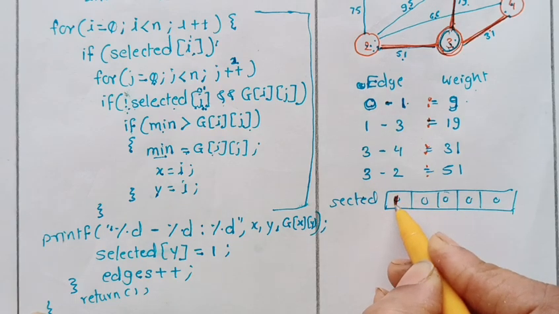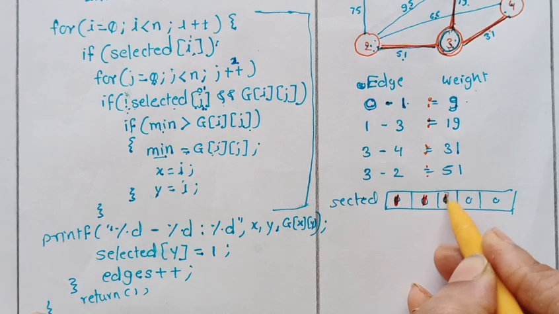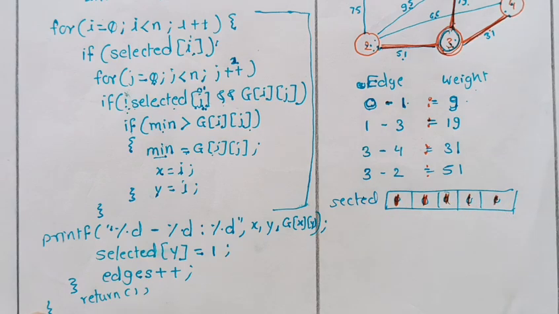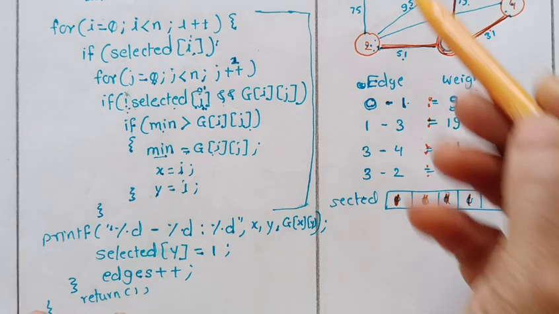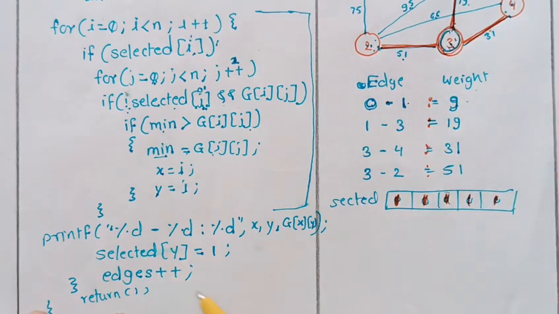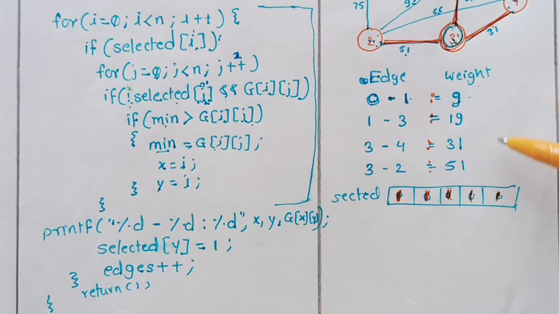Whenever you select a node, it becomes 1, and all will become 1. Edges should first be 0. When you select node 0, the edge count increments by 1. 0 to 1 is 1 edge, this one 2 edges, this one 3, and this 4 edges. If there are 5 nodes, then we select only 4 edges here. So this should be your output here.